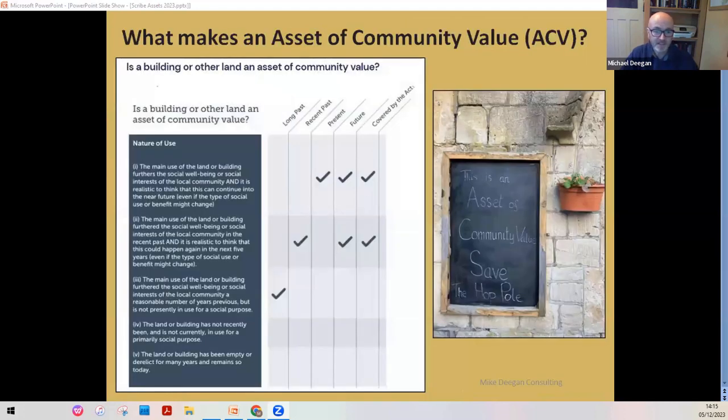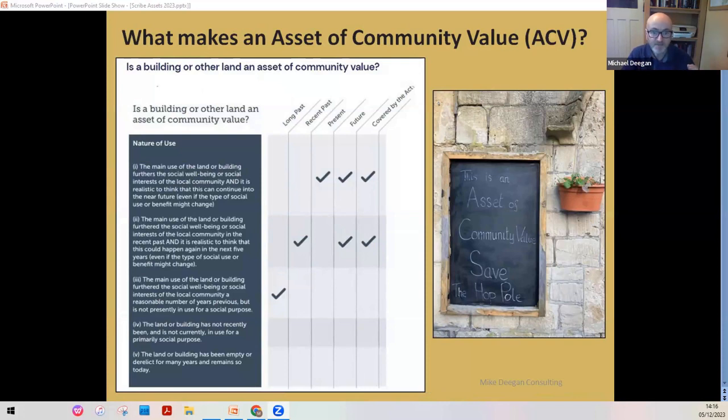So what defines an asset of community value? Well, an ACV is defined by legislation as a building or other land that furthers the social well-being or social interest of the local community, or it has done in the recent past. In almost every neighbourhood, there are buildings and amenities that are really integral to the communities that use them, and each community is free to decide for itself what it values.